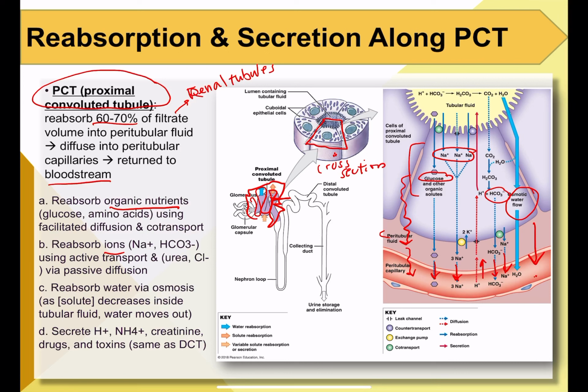So this is secretion of hydrogen ions if you have too many of those, a too acidic condition, or you can have secretion of ammonia, creatinine, drugs, toxins, those same waste materials we were talking about in the beginning of the chapter, that happens at the DCT. They don't illustrate it here in the PCT, but it happens within the PCT as well, but they'll illustrate it in the DCT picture, okay? So again, you have glucose reabsorption, sodium ion reabsorption, bicarbonate ion reabsorption, and water reabsorption within the PCT, okay?